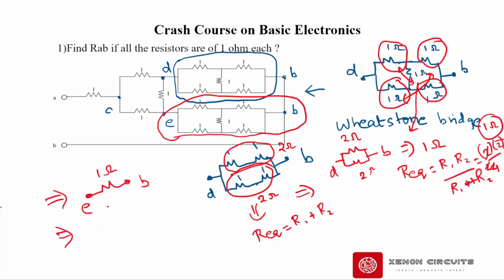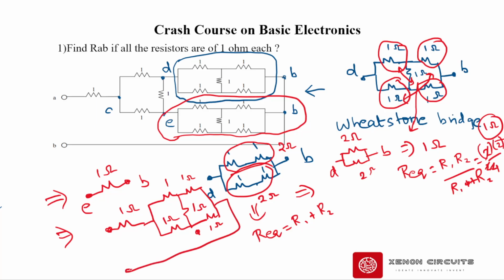So if I further simplify this circuit, between A and B, this becomes 1 ohm and then 1 ohm, 1 ohm, 1 ohm, then over here 1 ohm, and over here it becomes 1 ohm, and this is A and this is B, correct?